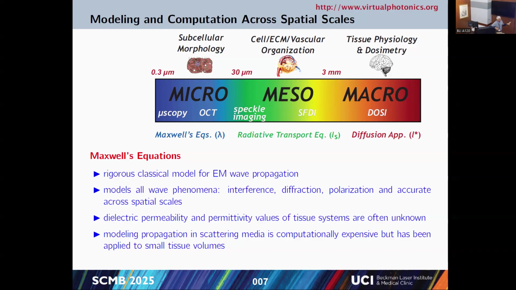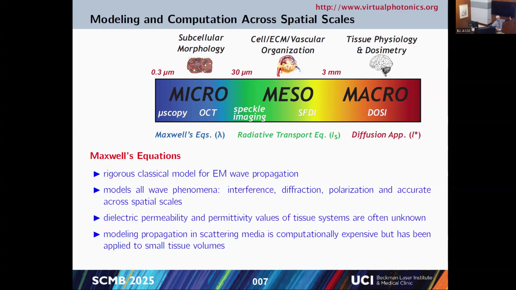And knowing the values, or being able to ascribe values, for these parameters in a heterogeneous biological tissue is not well known, and much less known as a function of wavelength. These are related to the refractive index, or the complex refractive index, but it's very difficult to get at these parameters, and you need to parameterize them.